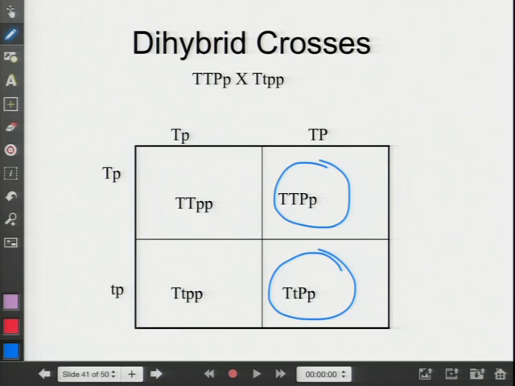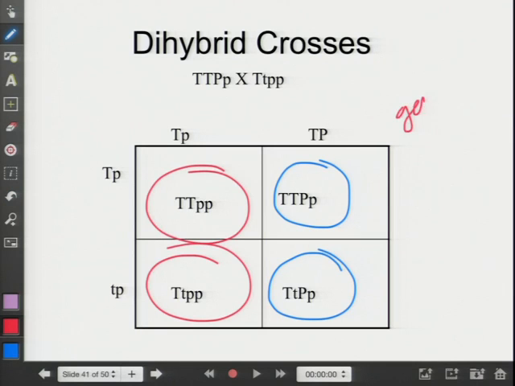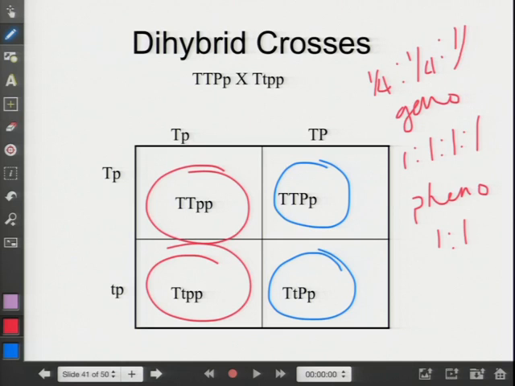Oops, I guess I could do a different color. And this is dominant recessive. So genotypes, we'd say 1 to 1 to 1 to 1. Phenotypes is just 1 to 1, right? Or 1/4, 1/4, 1/4, 1/4, and 1/2 to 1/2.